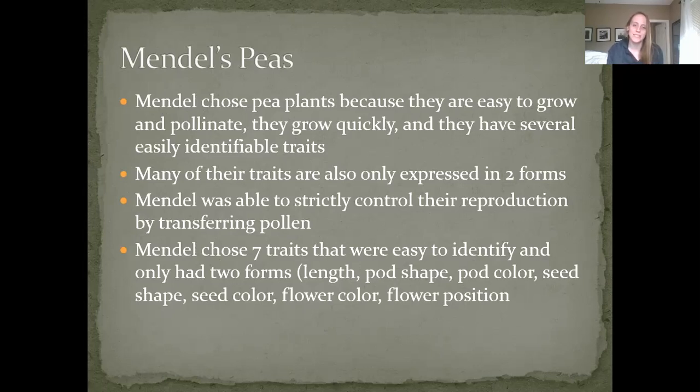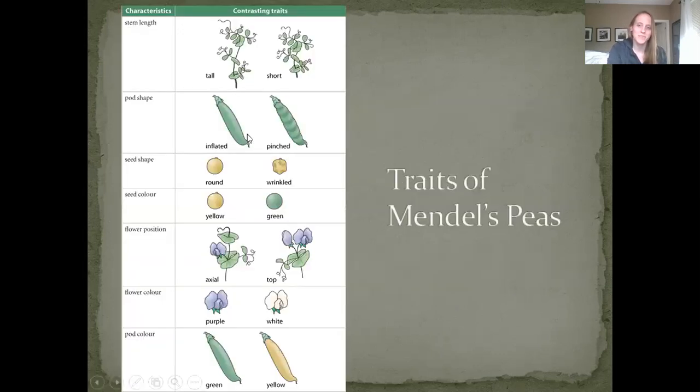And then he chose 7 traits that were easy to identify and had 2 forms to see how they would get passed between generations. So these were the traits that he picked for his pea plants. He would look at how seed shape or pod color and that kind of stuff move between generations.